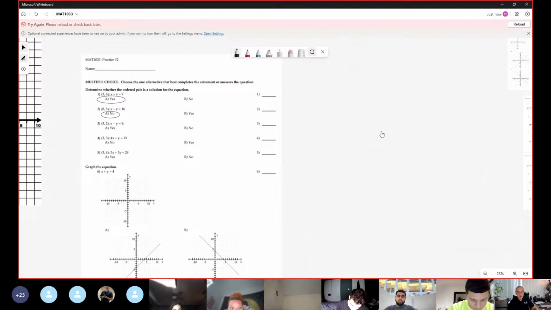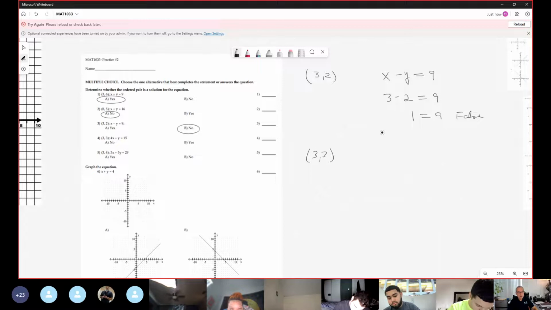And number 3, the point is (3,2) and the line is x minus y equals 9. It's obvious that no, because 3 minus 2 never is 9, it's 1. Completely false, and the answer is no. Number 4 is the point (3,3) and the line is 4x plus y equals 15.